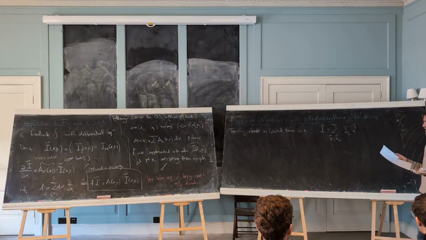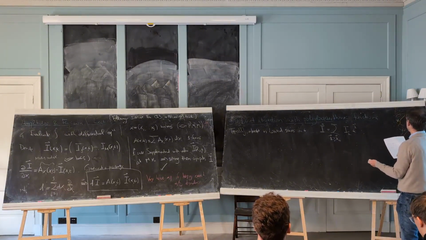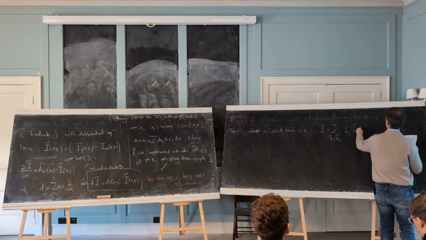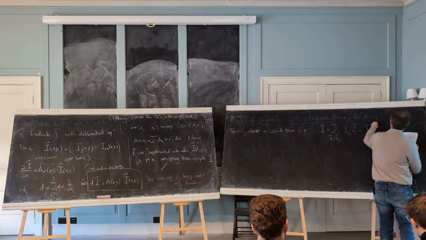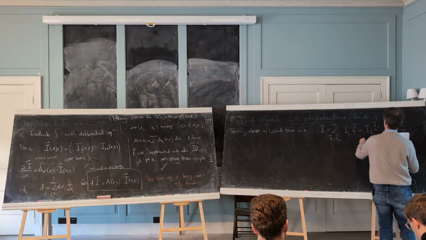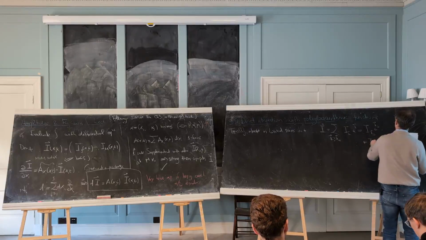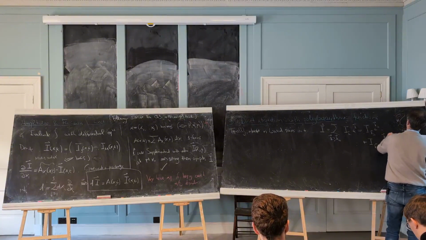That means that the integral is divergent. And then you keep going. So to be more concrete, this I k0, epsilon to the k0 plus I k0 plus 1, epsilon to the k0 plus 1.